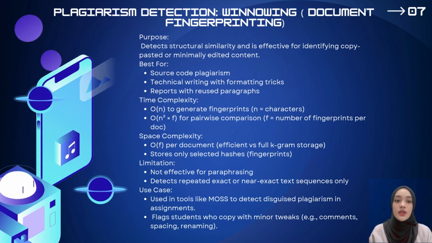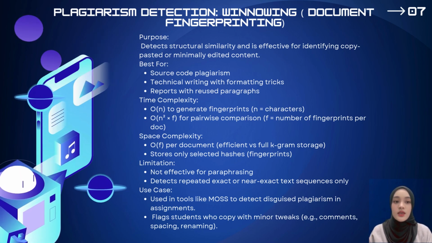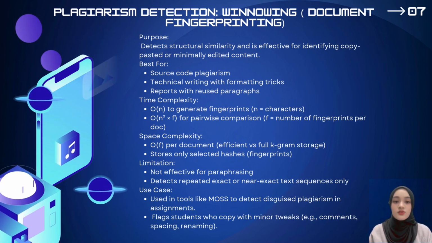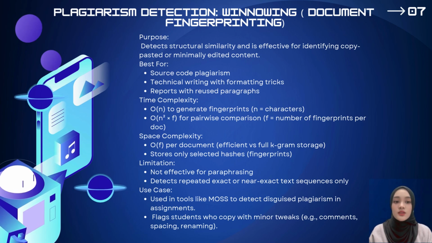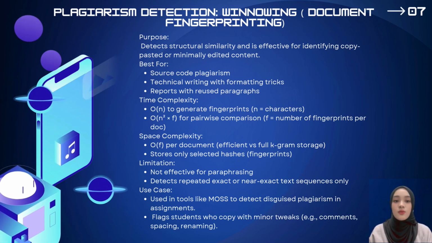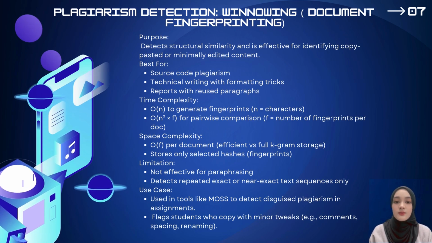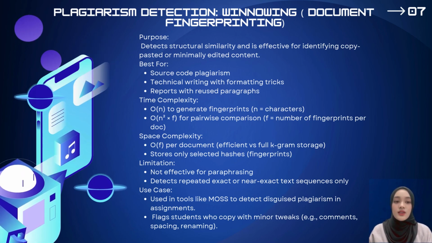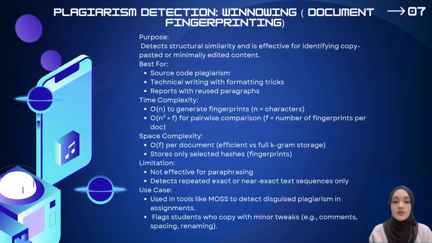However, winnowing cannot detect paraphrased content. It only matches exact or nearly exact sequences. So it is not suitable for detecting reworded text, but it is excellent at spotting copied blocks with minor edits. A good example of where this is used is MOSS, a system many universities rely on to detect code plagiarism.